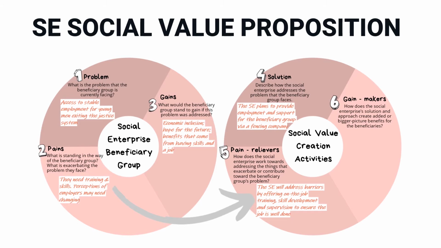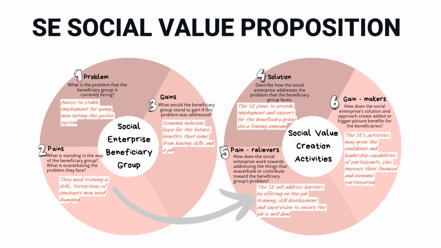And finally, the gain creators. The activity of the social enterprise's solution and approach presents an opportunity to contribute towards bigger picture benefits for the beneficiaries. These can be captured here and used to inform the development of partnerships and to advocate for the beneficiaries and the work of the social enterprise. In our example, there is an opportunity to grow the confidence and leadership capabilities of participants, as well as their own financial independence and economic participation.